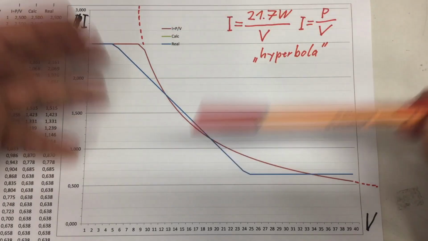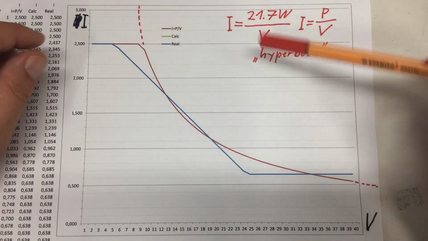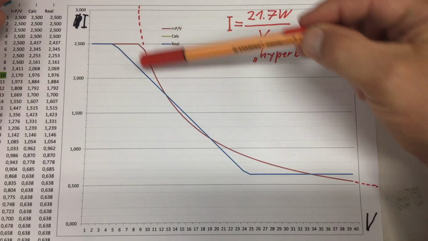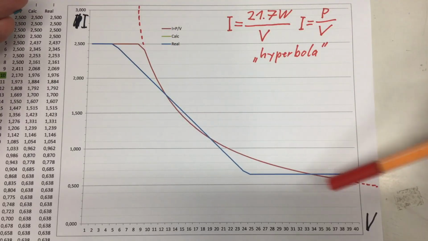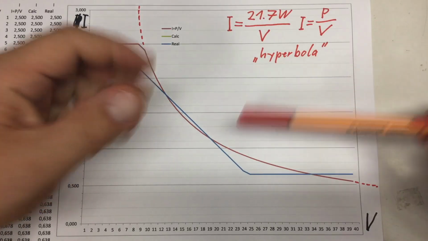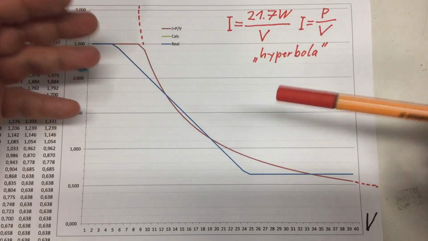And for the mathematically inclined amongst you, this curve is a hyperbola. And you cannot calculate a hyperbola with a single op-amp. So we need some approximations here.